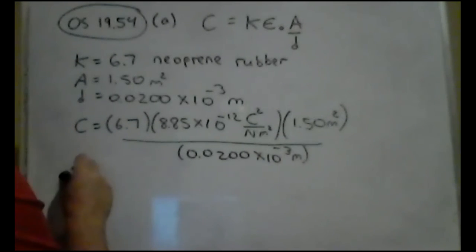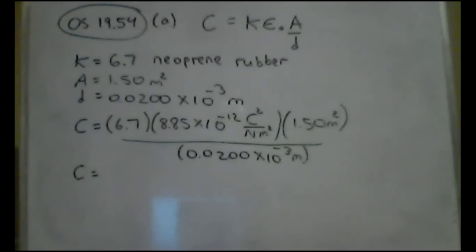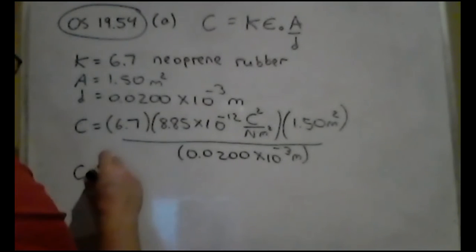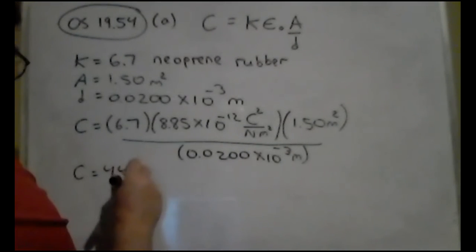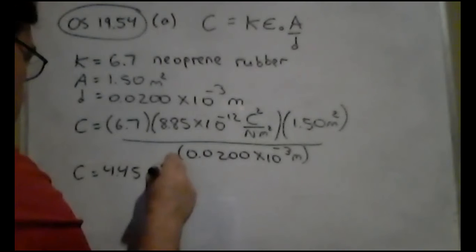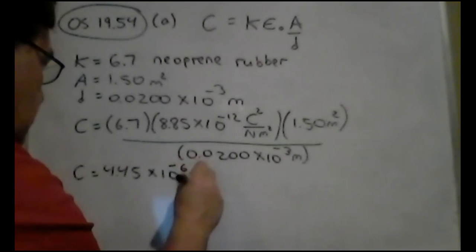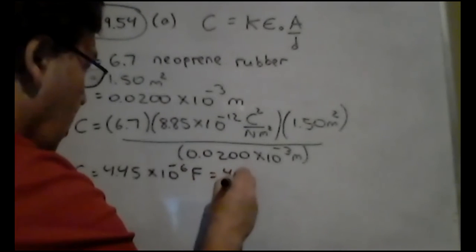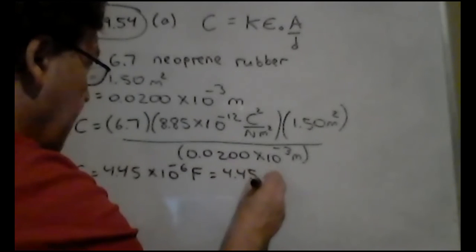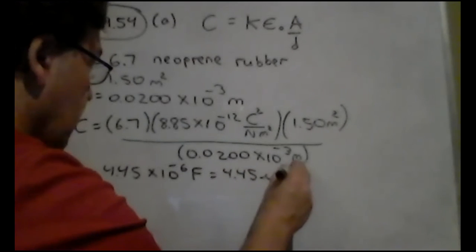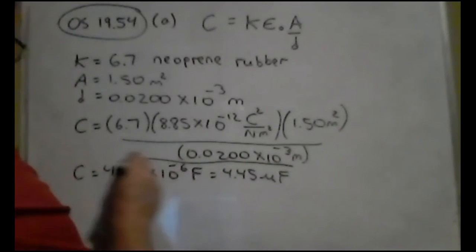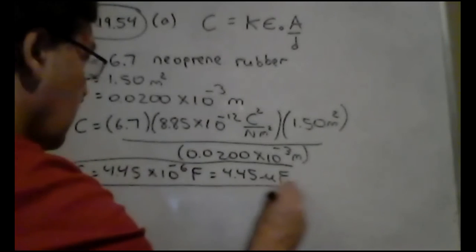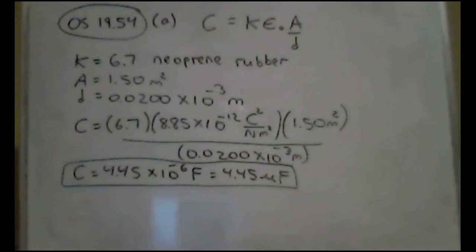When I do that, I find that the capacitance is 4.45 times 10 to the negative 6 farads, otherwise known as 4.45 microfarads. A typical capacitor capacitance. All right, there's your part A.